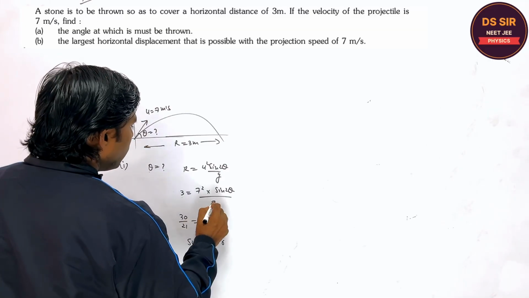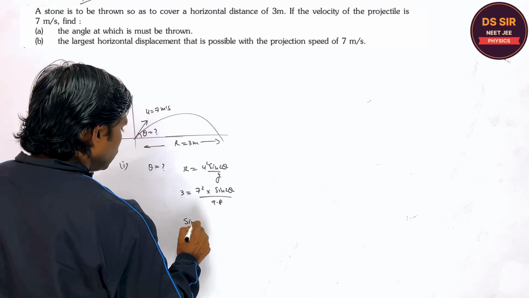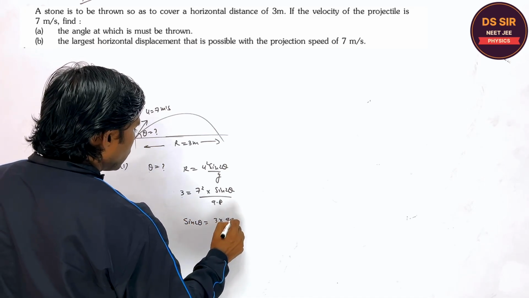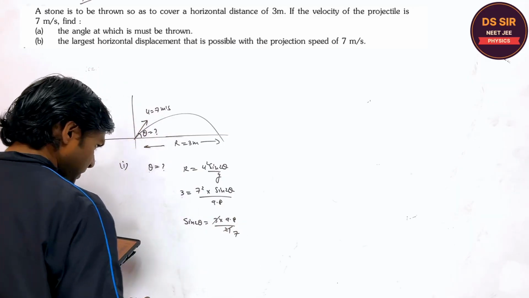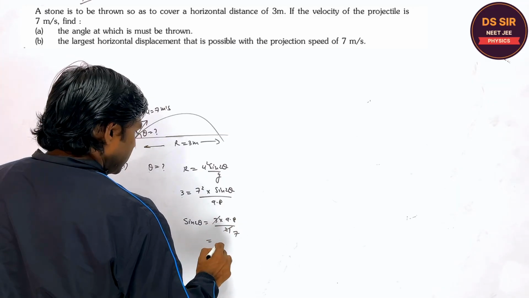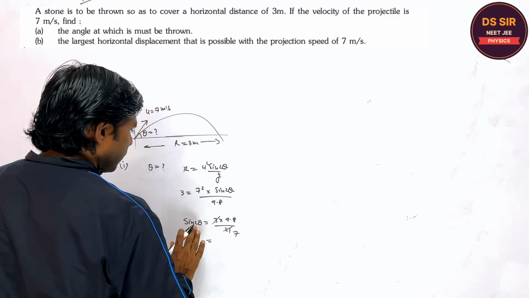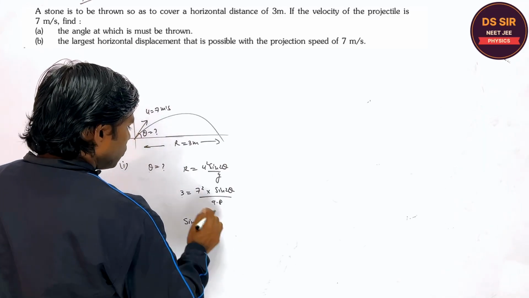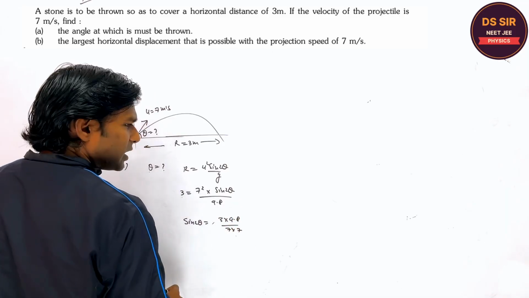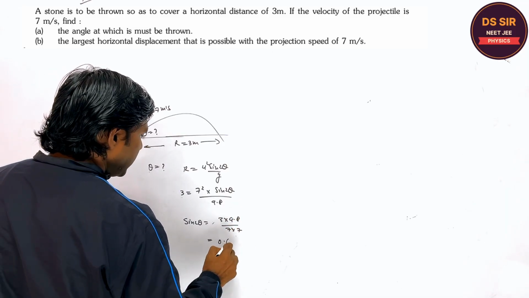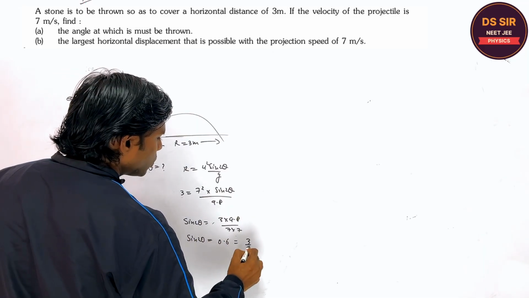Although here the value of g is taken to be 9.8. So sine 2 theta is equal to 3 into 9.8 upon 7 into 7, that is 3 into 9.8 upon 49. When you calculate, it comes to approximately 0.6, which is equal to 3 by 5.